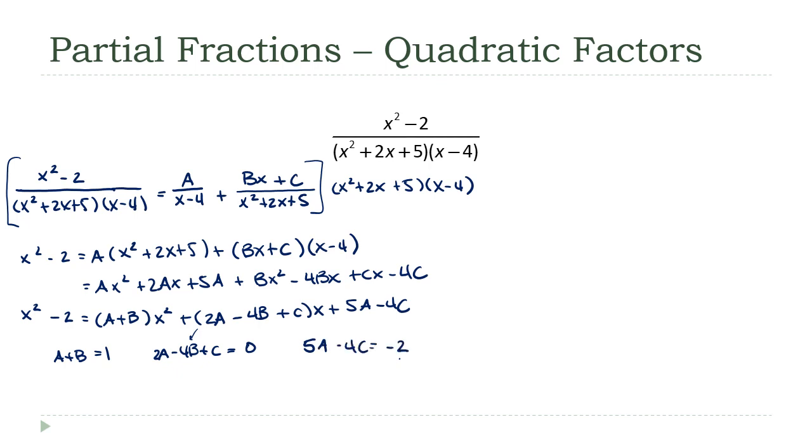Okay, so I want to get rid of that b term, and I can do this by solving this equation for b. So b is equal to 1 minus a, and if I substitute that into here, this becomes 2a minus 4 times 1 minus a plus c equals 0.